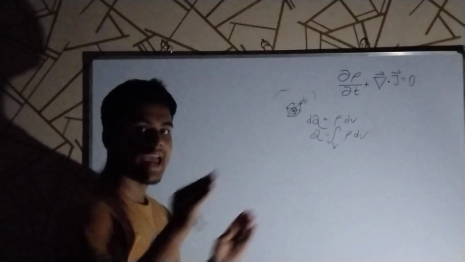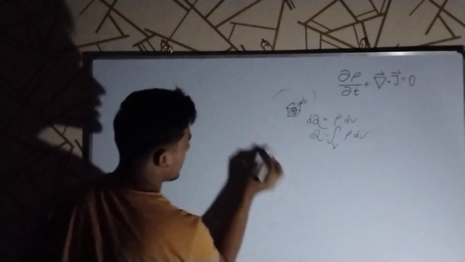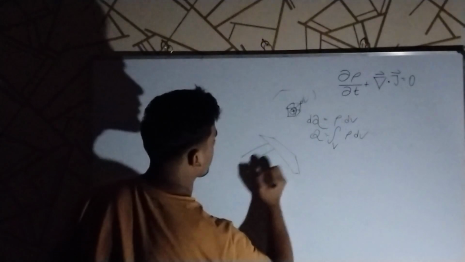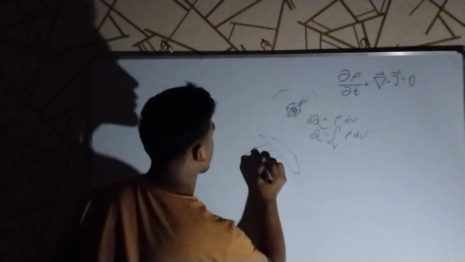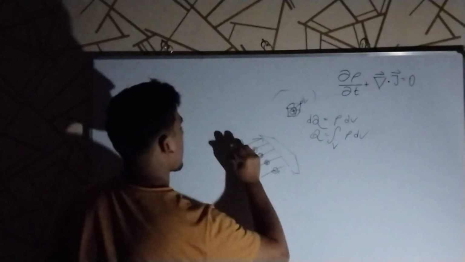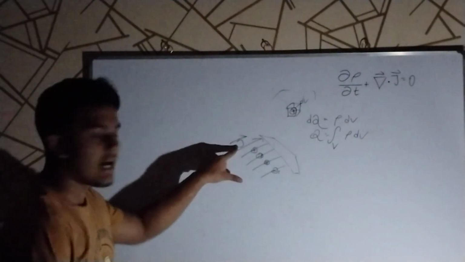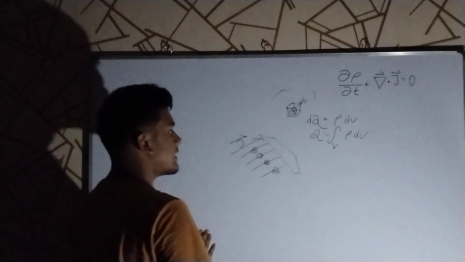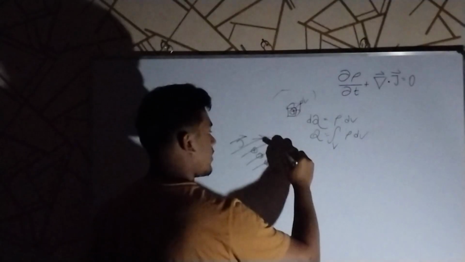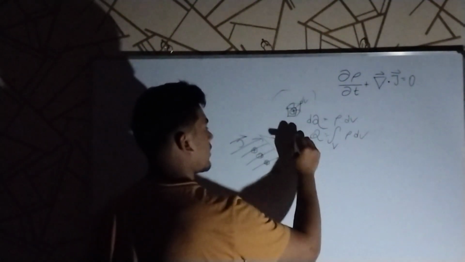Imagine a sheet or a surface area that the current passes through. The key word is passing through. The current passes through this. So this is the current density, and that is passing through a surface dA, which is oriented with a normal vector n.